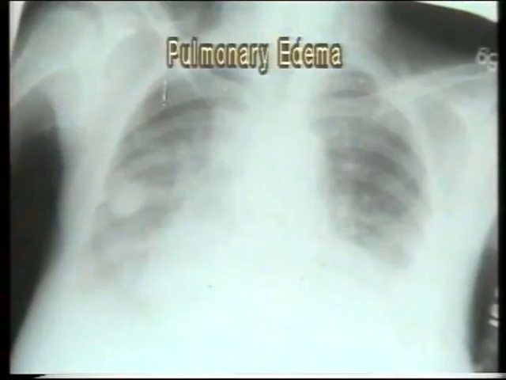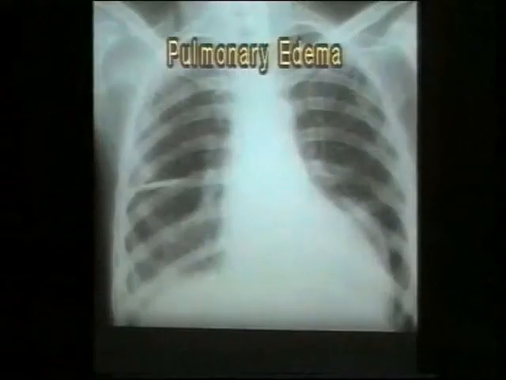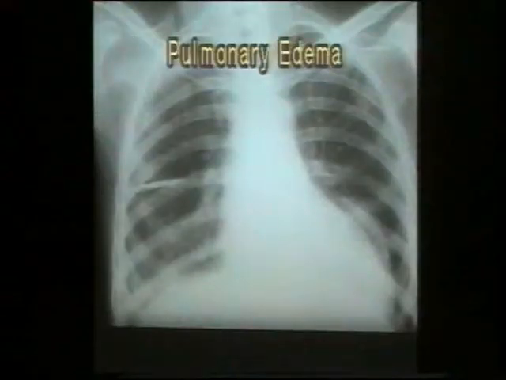The edema is seen only in the lower zones and there is a fluid collection in the transverse fissure on the right side. And the third X-ray after 5 days shows that all the alveolar edema has disappeared and there is only some remnant fluid in the transverse fissure which should soon disappear.